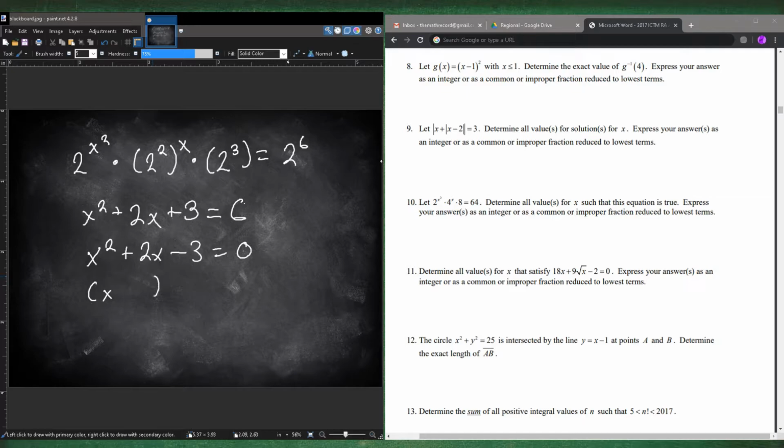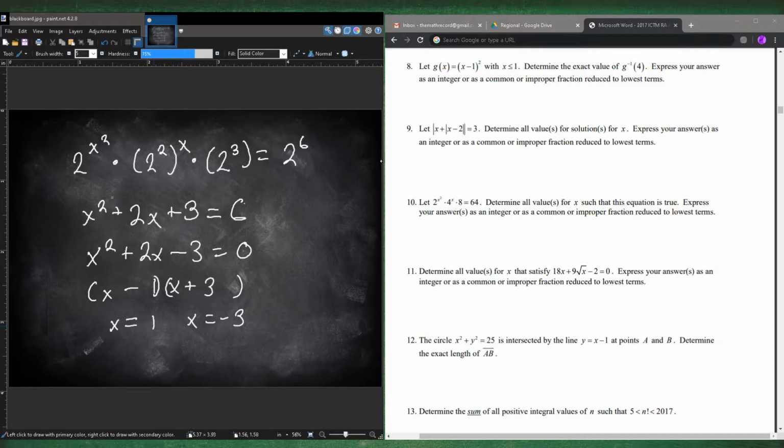We could factor this as x plus 3 and x minus 1, so x squared plus 3x minus x, that's plus 2x, then minus 3. Okay, so x could equal 1 or x could equal negative 3.